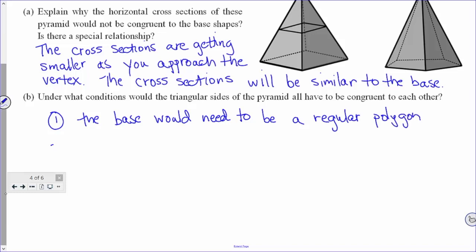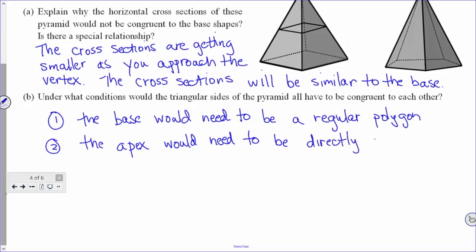All right, and two, the apex or vertex would need to be directly above the center of the regular polygon.